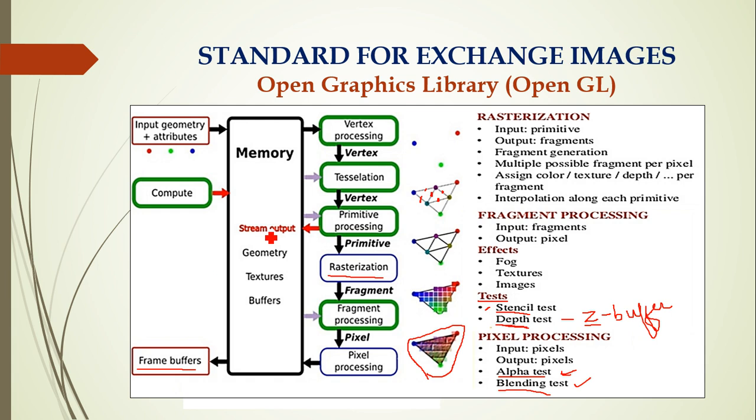We took nearly 20 minutes to explain this process with the help of an image, but within that 20 minutes, an infinite number of these triangles could be generated with the help of this particular OpenGL standard.